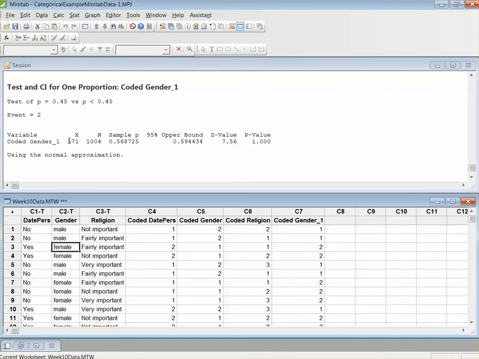Also, you can check that the X, which is the number, is 571, which was our number of women. The 0.56, that was our proportion of women. And so for here, we get a Z value of 7.56 and a P value of 1. So that was even further off than before. But this is just to show you how, if you wanted to test women instead of men, you would code the data differently and then just rerun your test.